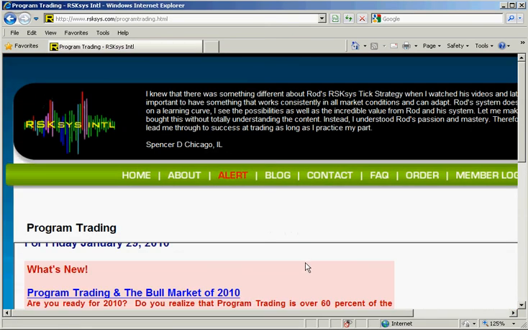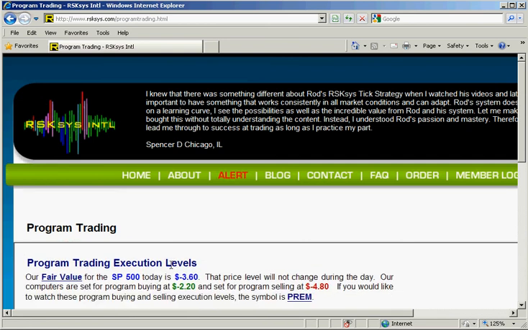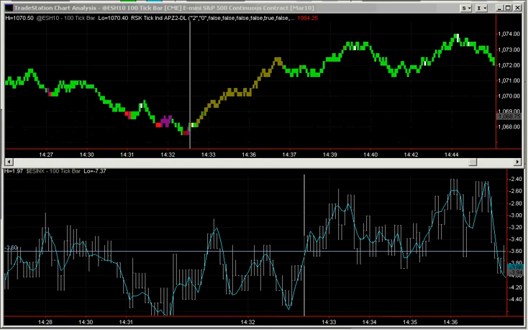When you come to program trading, go to the trading execution levels, fair value, negative 3.60. That's where you can get it from. Now, it is available on other sites as well, but we like programtrading.com. It's right there.